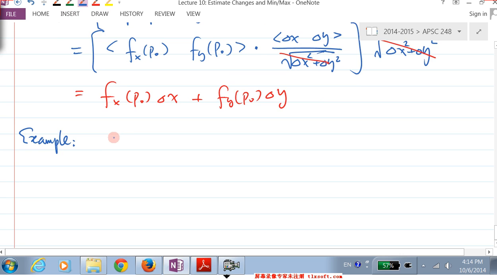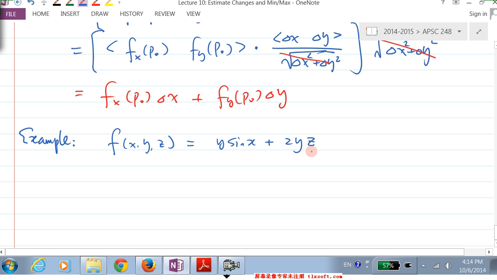Okay, so here's an example. The function f is actually a function of three variables: y sine x plus 2yz.